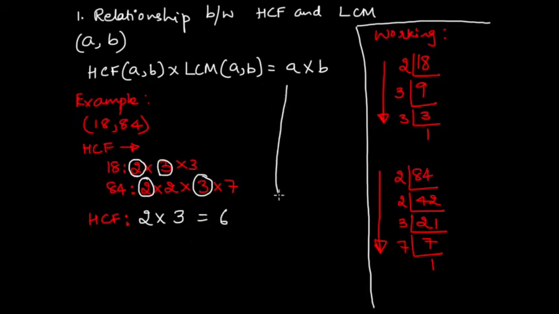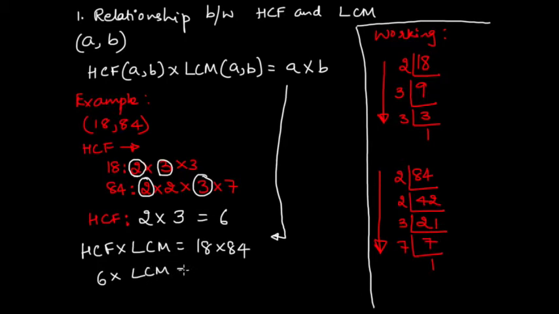Now, according to this formula right here, HCF times LCM should give us the product of the two numbers, which is 18 times 84. So we know HCF is 6 times LCM is 18 times 84. I will not multiply this out just for the ease of simplifying it. So LCM is nothing but 18 times 84 divided by 6.